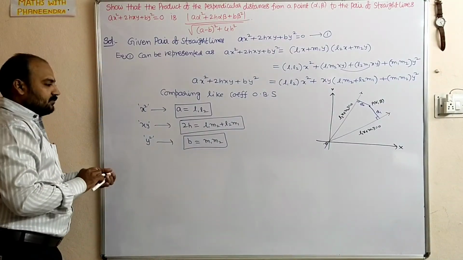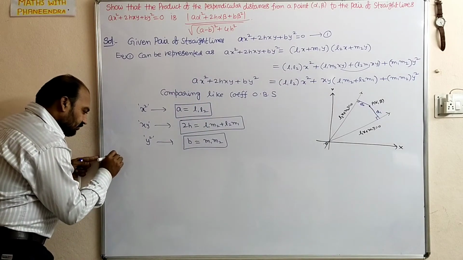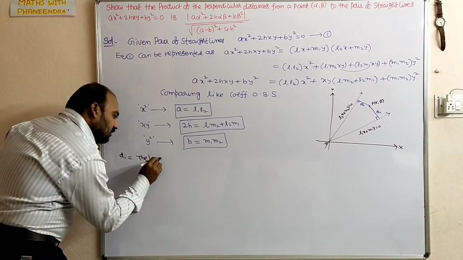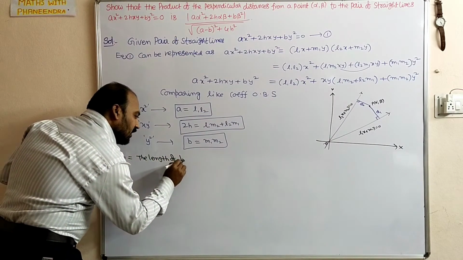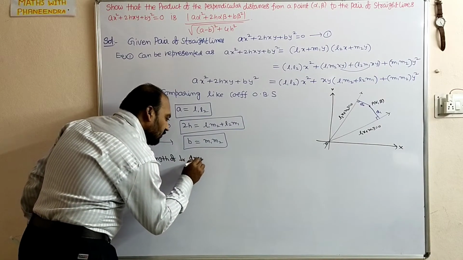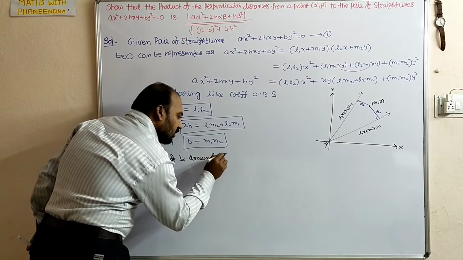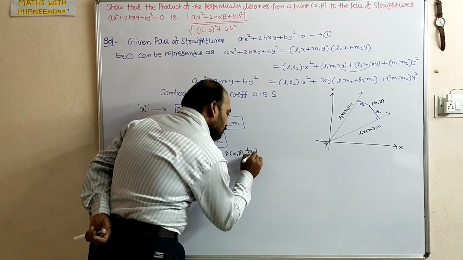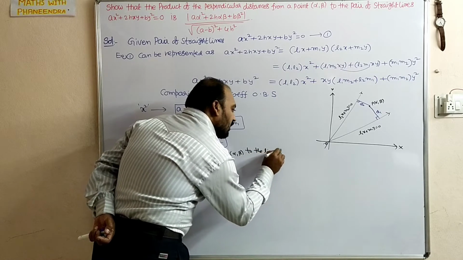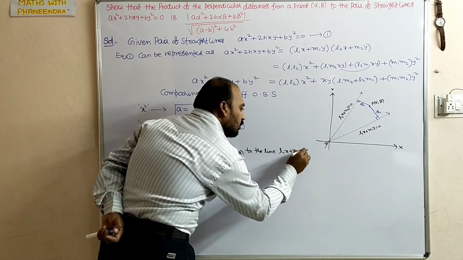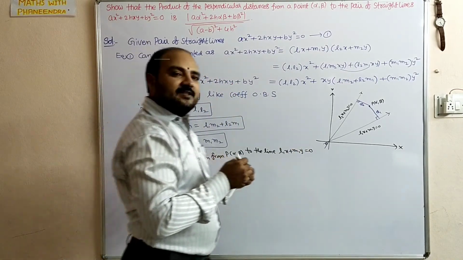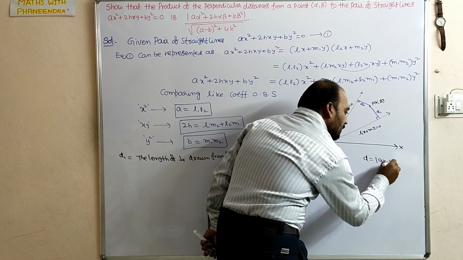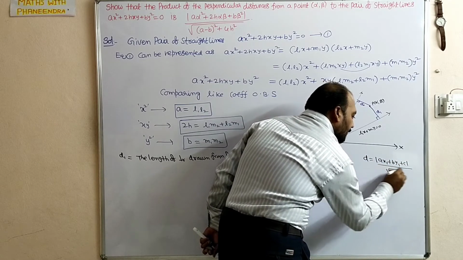So let us have d1 equal to the length of perpendicular drawn from P of alpha comma beta to the line L1x plus M1y equal to 0. We know the perpendicular distance formula. So D equal to, just I am writing the formula, mod ax1 plus by1 plus c by root of a square plus b square.